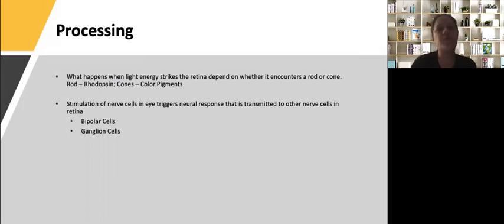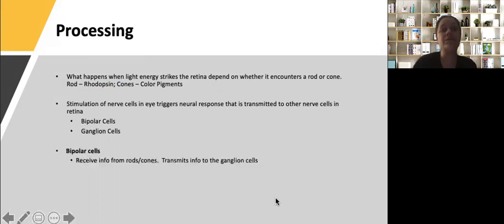So it's sort of this multi-step process, right? The light comes in, hits the retina. It's either going to contact the rods or the cones, which is going to release a certain chemical. And then those chemicals are transmitted to other nerve cells in the retina. First, they go to the bipolar cells and then the ganglion cells.